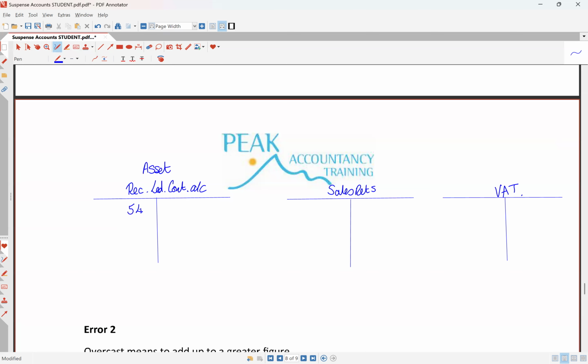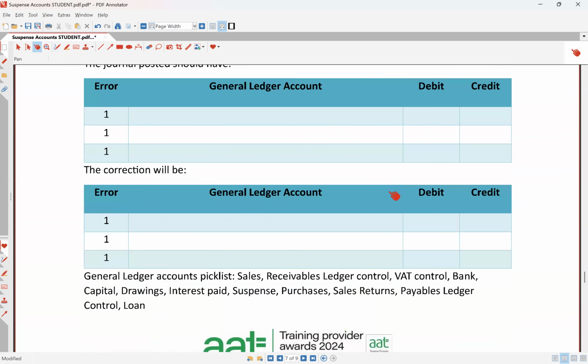So I've debited 54 to receivables ledger control account, credit £9 to the VAT account, and we've posted it as a 45 to sales returns. That's the net amount. So this is the original posting. This is the one that has been done.